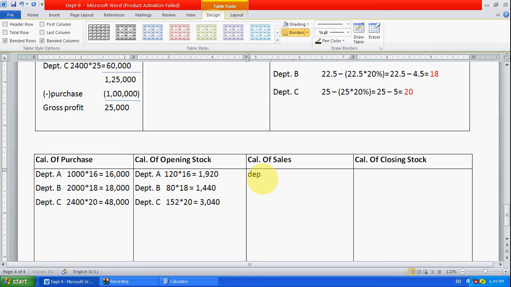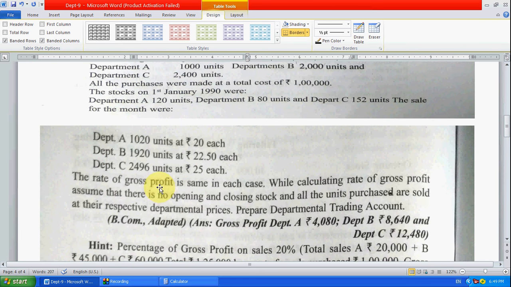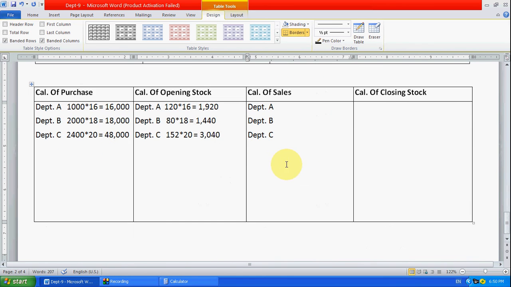First write department A, department B, and department C. First go for A. Calculation of sales: the units are already given here with prices, so you have to calculate these. So 1020 into 20 is equal to.